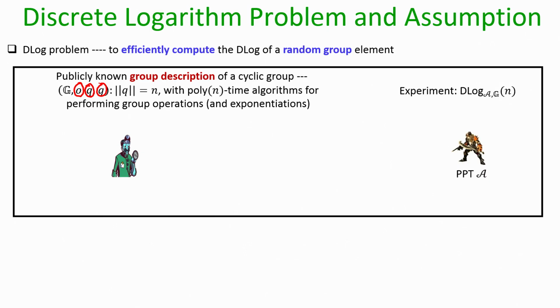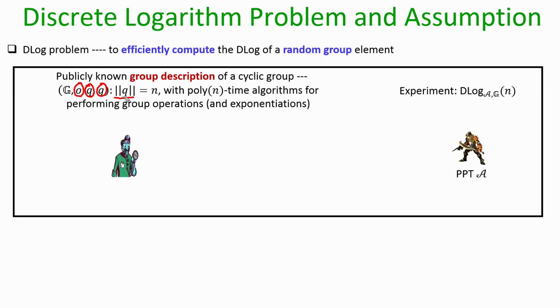And we assume here that this notation basically means that the number of bits that we require to represent the value q is n, namely it means that each element in the group G requires n number of bits for the representation. And we also assume that we have polytime algorithms for performing group operations and exponentiations, where the polynomial is in the number of bits that you need to represent the value q.